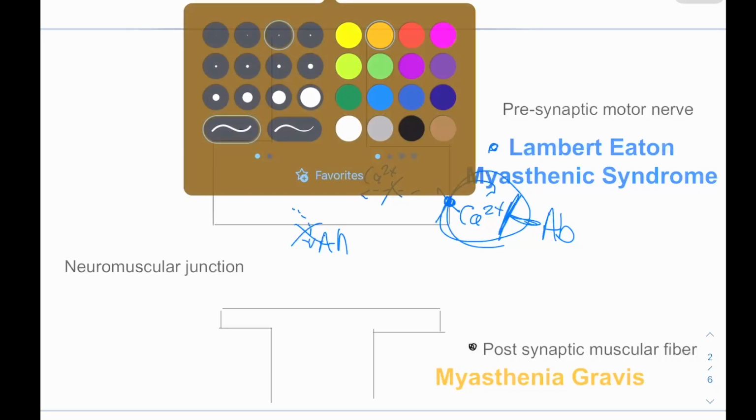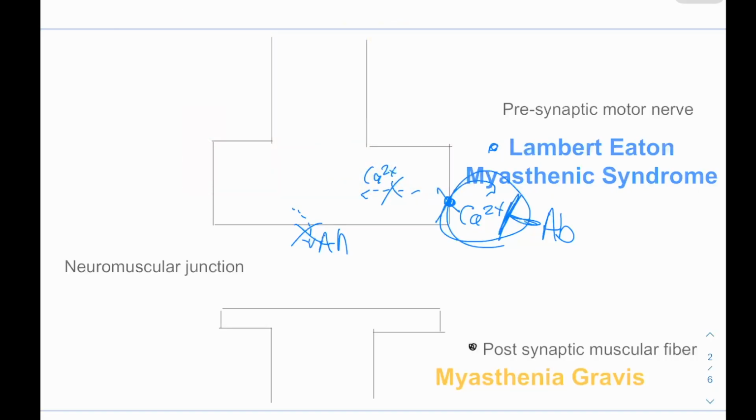Now, in myasthenia gravis, the receptor that's being blocked is the acetylcholine receptor on the postsynaptic muscular fiber. Again, on the postsynaptic side. The way that works is that in myasthenia, calcium is able to come in a-okay. Acetylcholine is released into the neuromuscular junction, but it's unable to bind to the acetylcholine receptor.